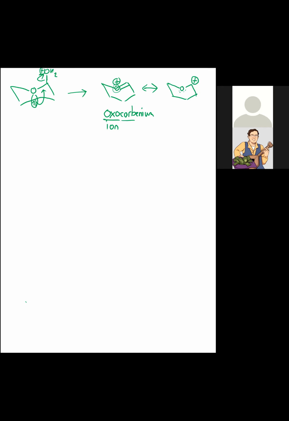So it's a carbenium ion, but it's an oxocarbenium ion because the oxygen participates and stabilizes the charge. It's quite a stable kind of thing. It can exist, and most of the chemistry of glycosylation is figuring out ways to selectively make oxocarbeniums and selectively react oxocarbeniums without having them go crazy and do crazy stuff, because they're still C plus, so it's going to do chemistry, or have it happen when you don't want it to.